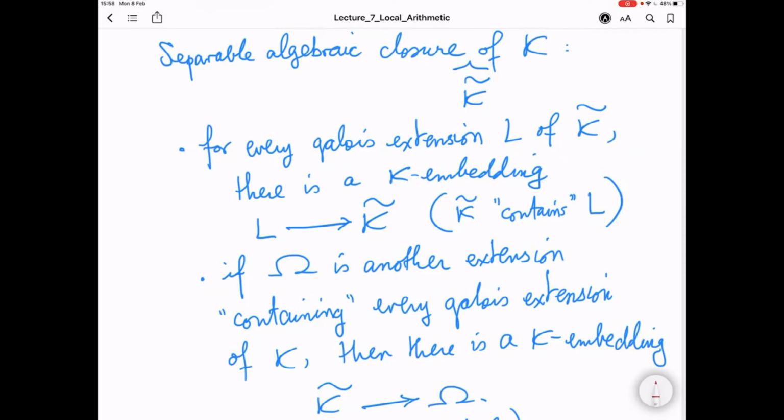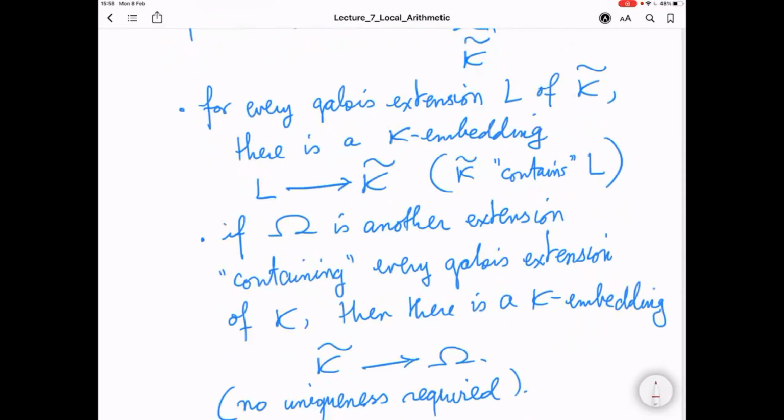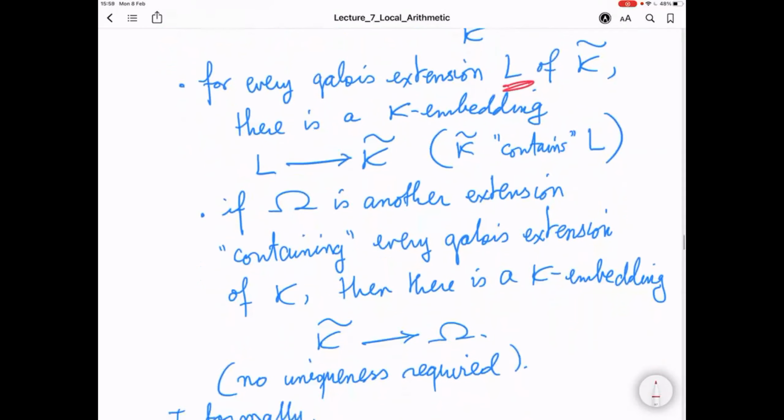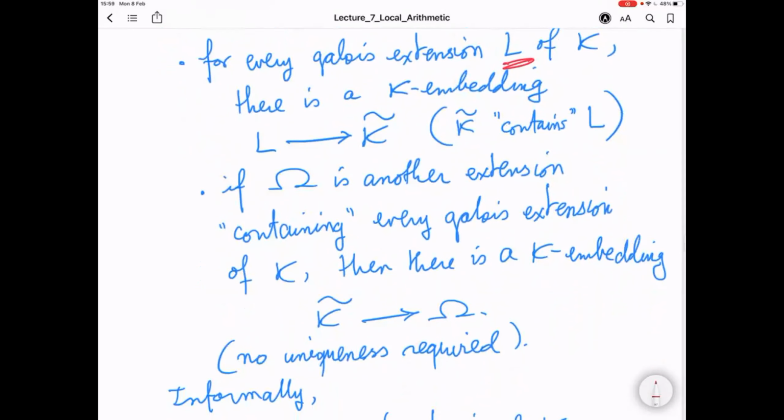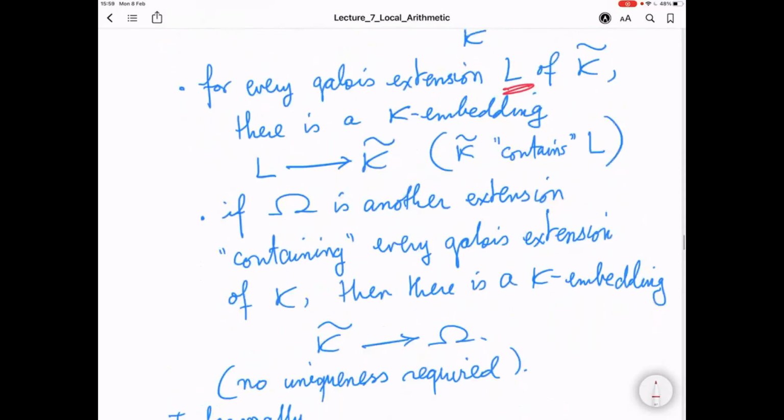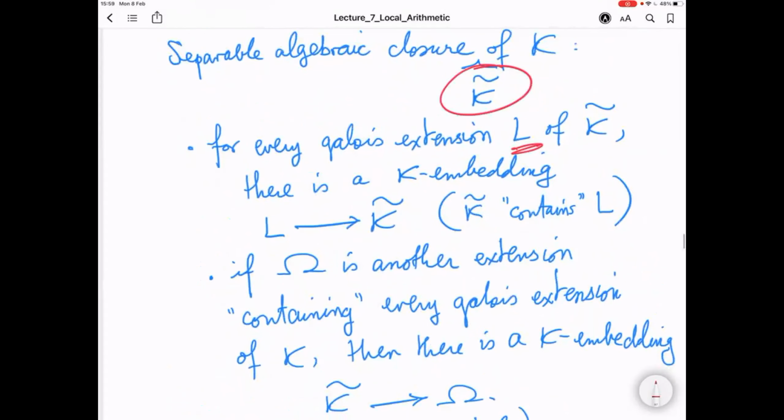So what does that mean? Slightly more precisely, it's an algebraic extension of K which admits a K embedding from every finite Galois extension. Oh, now it started working. K tilde is what I'm going to define.